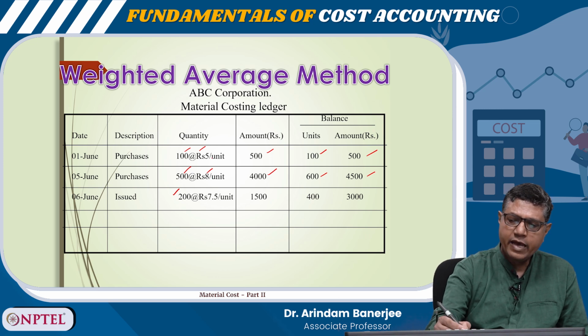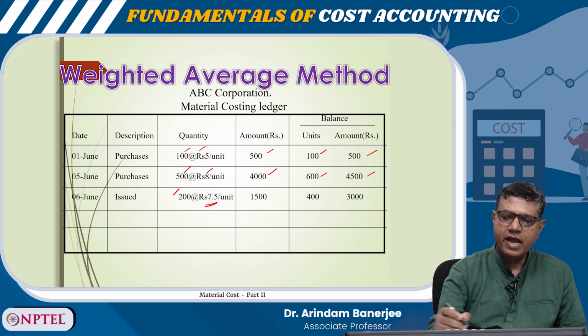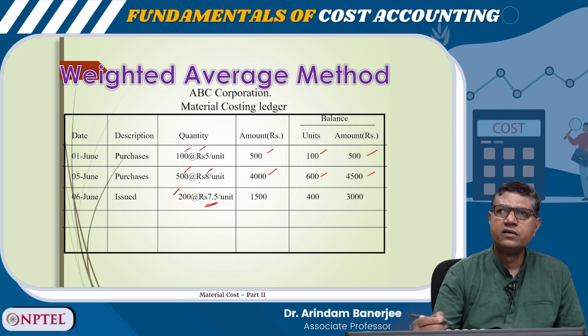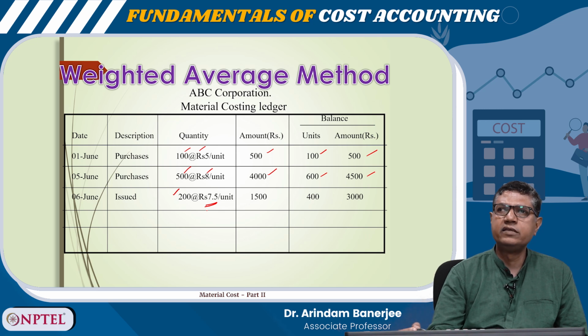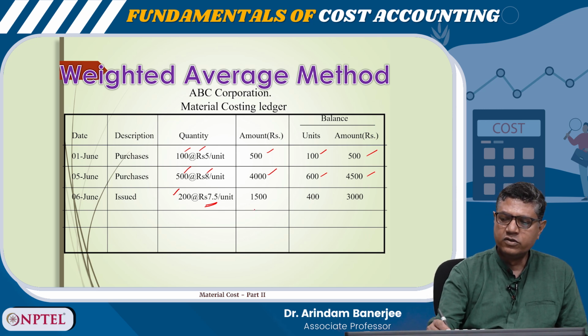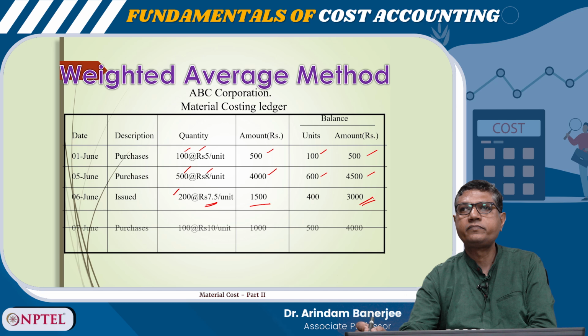So, if you calculate the weighted average of the two, you will get 7.5. So, 100 into 5 plus 500 into 8 divided by the number of units, if you do, you will get this value. The weighted average is 7.5. So, 7.5 into 200 is 1500, and this is the balance amount.